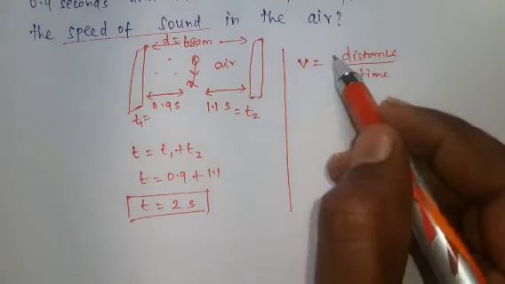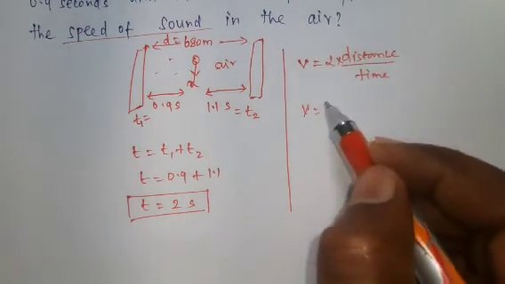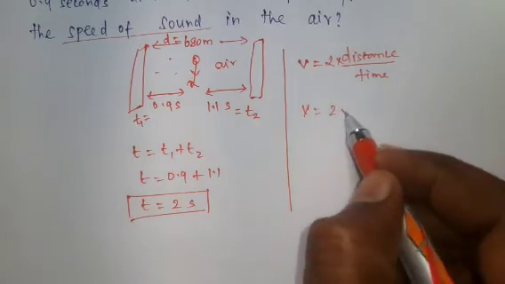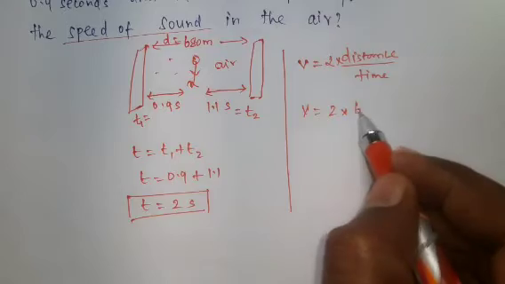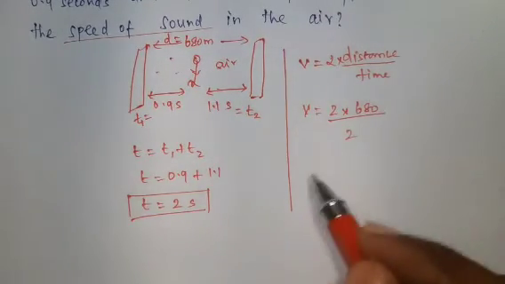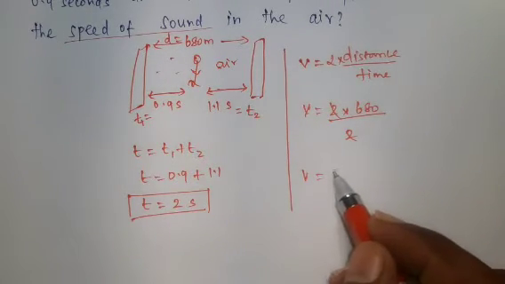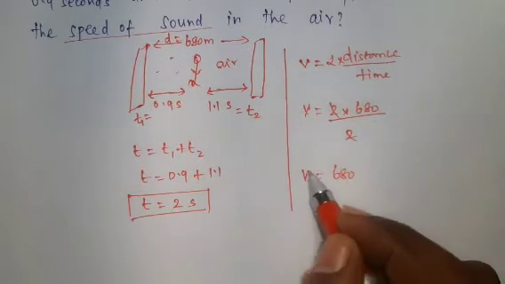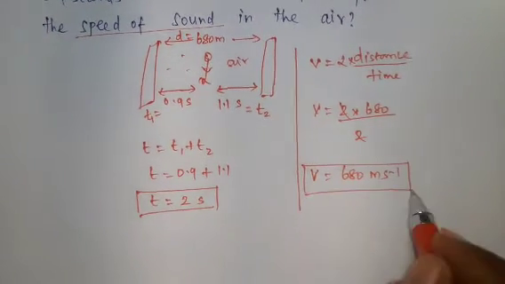So here 2 into distance. So v is equal to 2 into 680 divided by the total time, which is 2 seconds. So the 2 is going to be cancelled, then v is equal to 680, unit of speed meter second power minus 1. This is the answer.